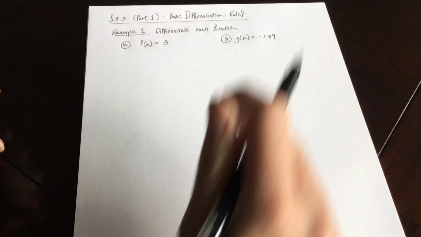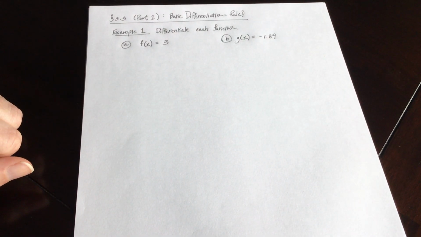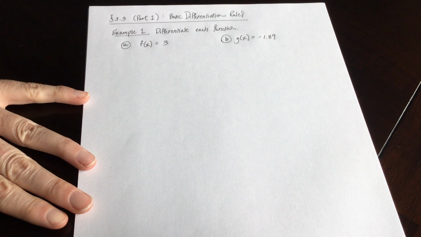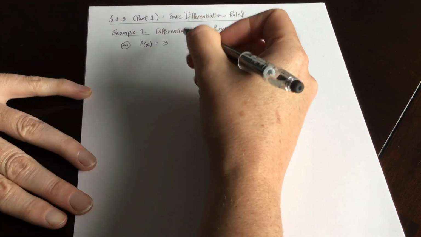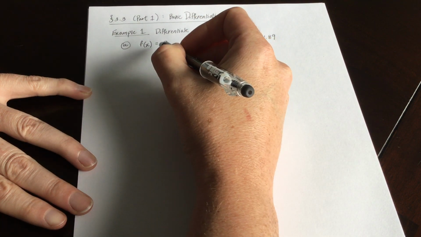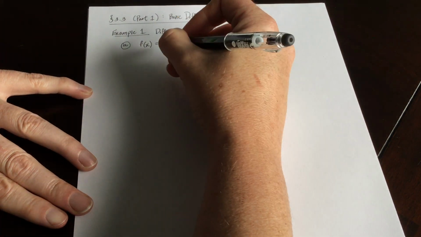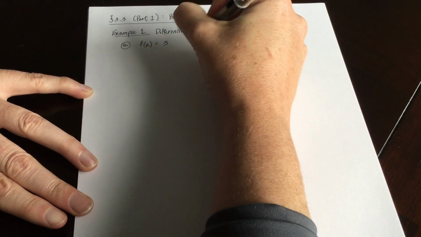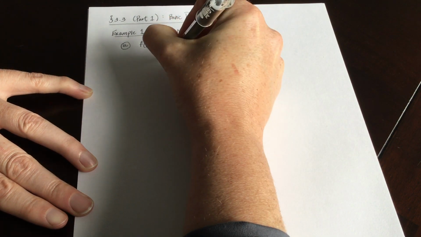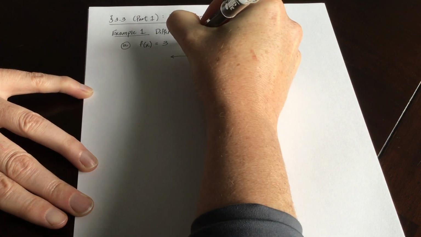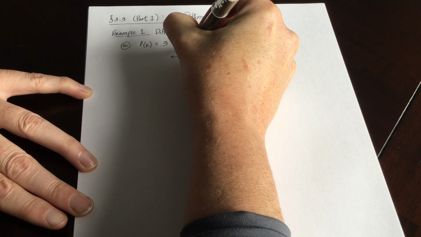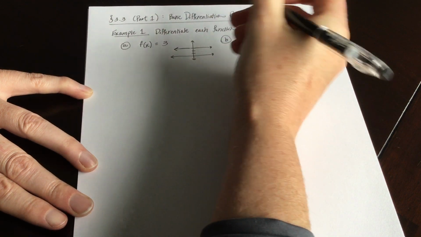When we say find the derivative and we don't mention a certain value, then you would know that we're talking about the general derivative. If you think graphically about f of x equals 3, you'd have this horizontal line.